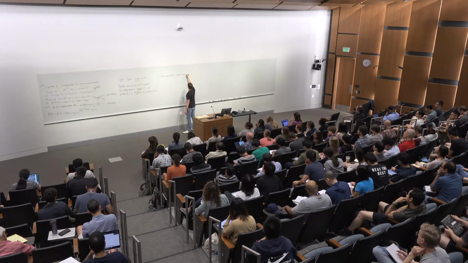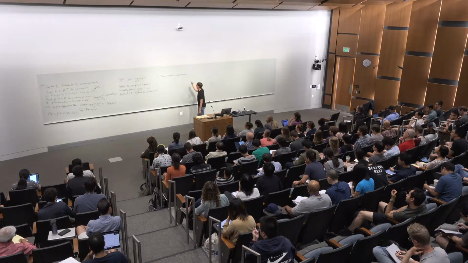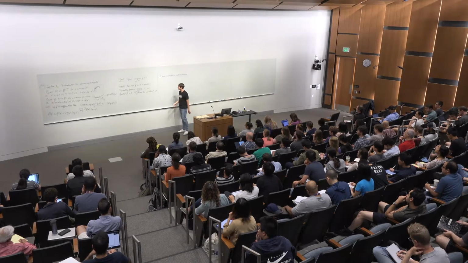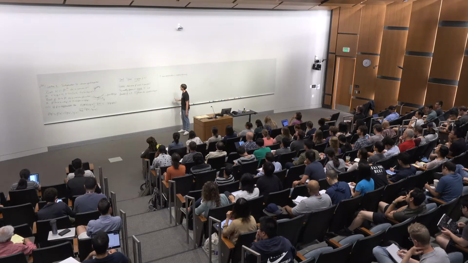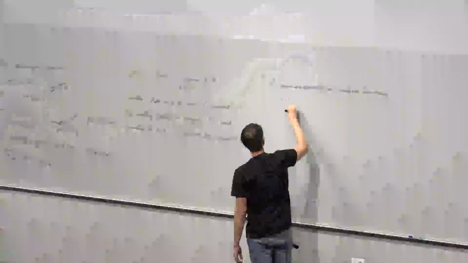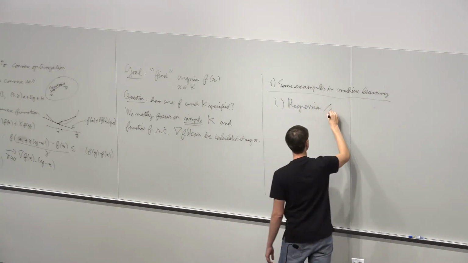What I'm going to explain here will overlap greatly with Rob's course, so hopefully you can get something from the interaction of those two lectures. Okay, so let's start with just regression and classification.